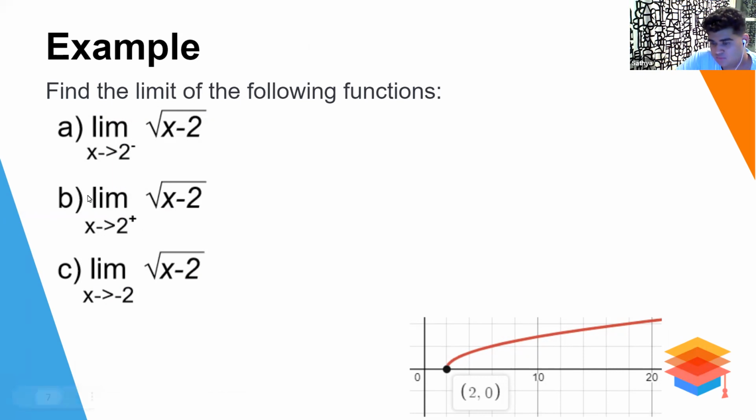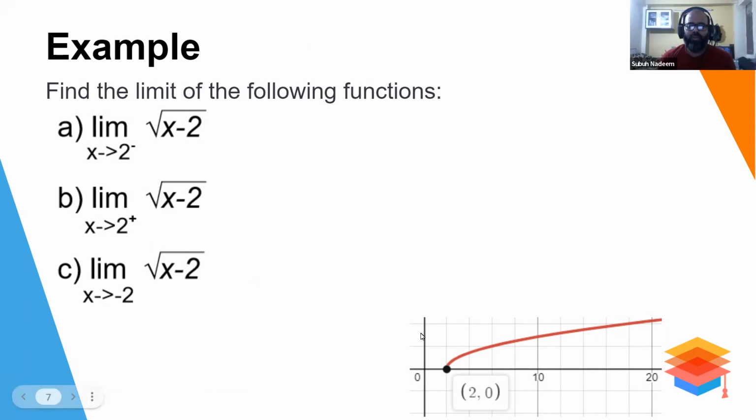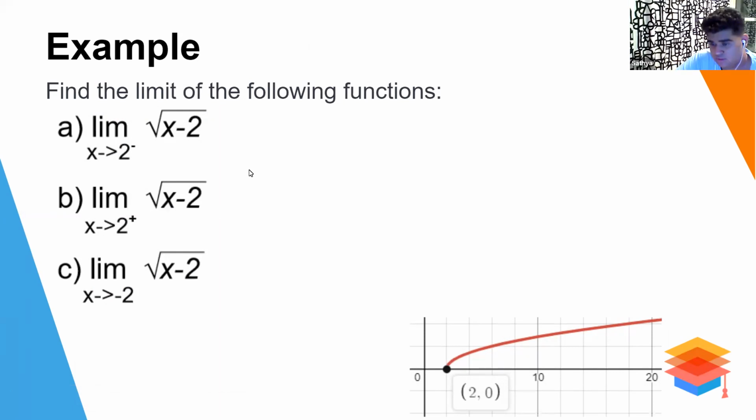So the limit as x goes to 2 plus: does that exist? Yes, that is 0. 2 minus 2, root 0, that will be 0. Root 0 is 0.